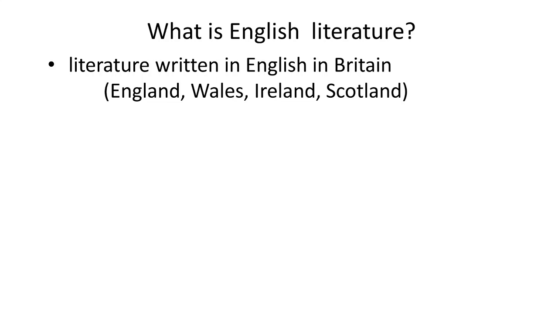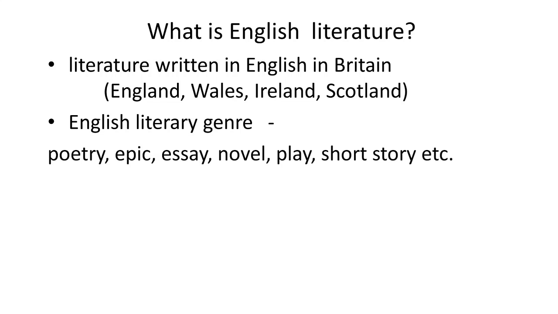So, the literature that is written in English in these four places is called English literature. Let us move on to the kinds of literature or literary forms, or we call it a literary genre. So we have poetry, we have epic, essay, novel, play, short story, and others.